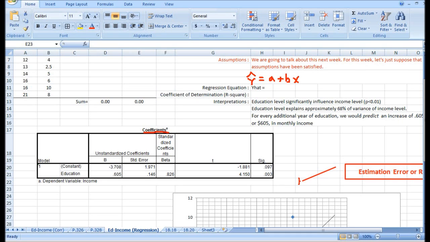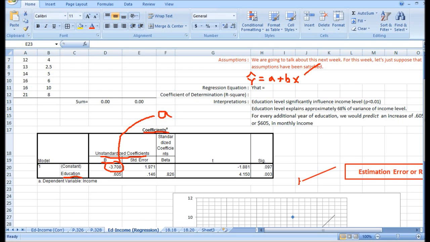The unstandardized coefficient B, the first row, constant, minus 3.708. This is A. Unstandardized coefficient B, the second row, education, which is the independent variable in this regression analysis.